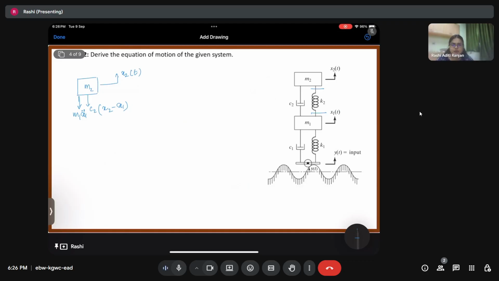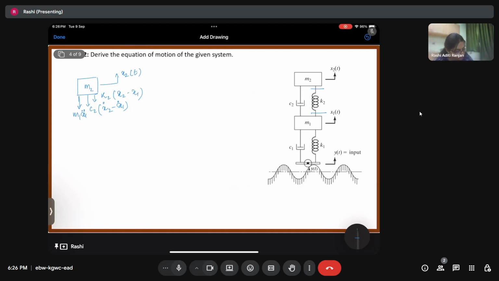Okay, we are assuming that x2 is greater than x1. Then we also have a spring force, K2 into x2 minus x1. Okay, these are the only forces that will act on M2.